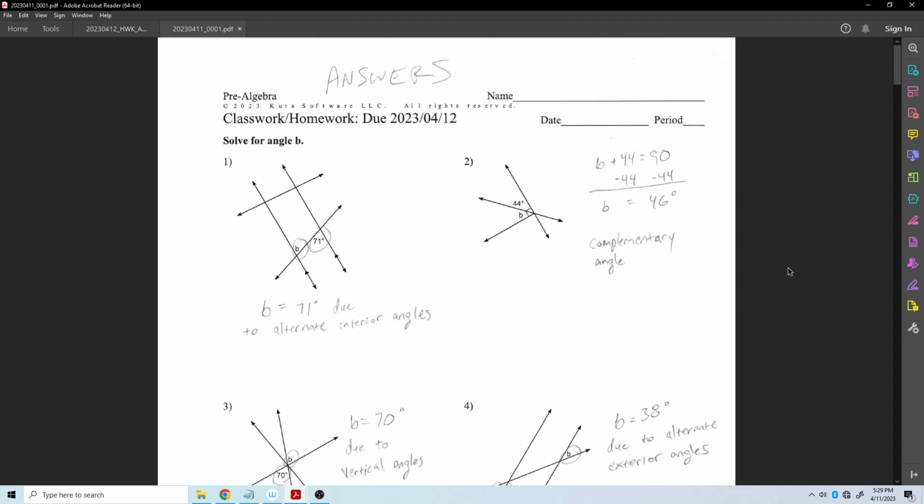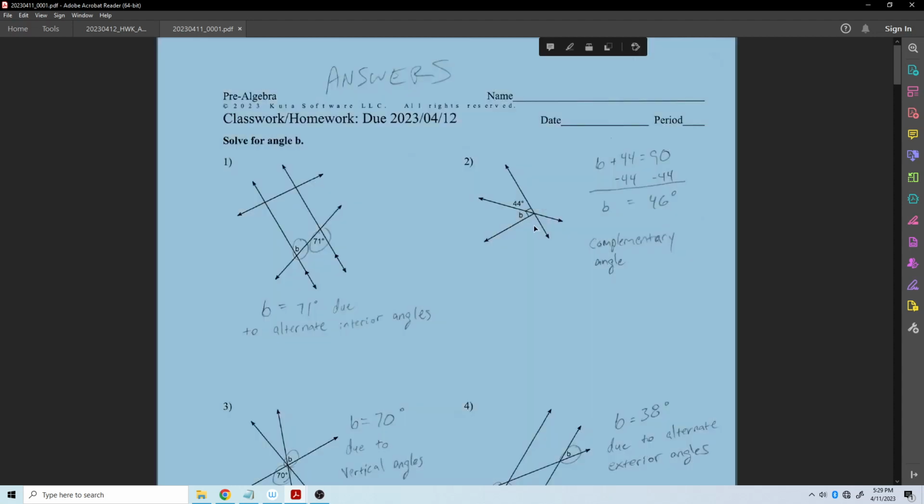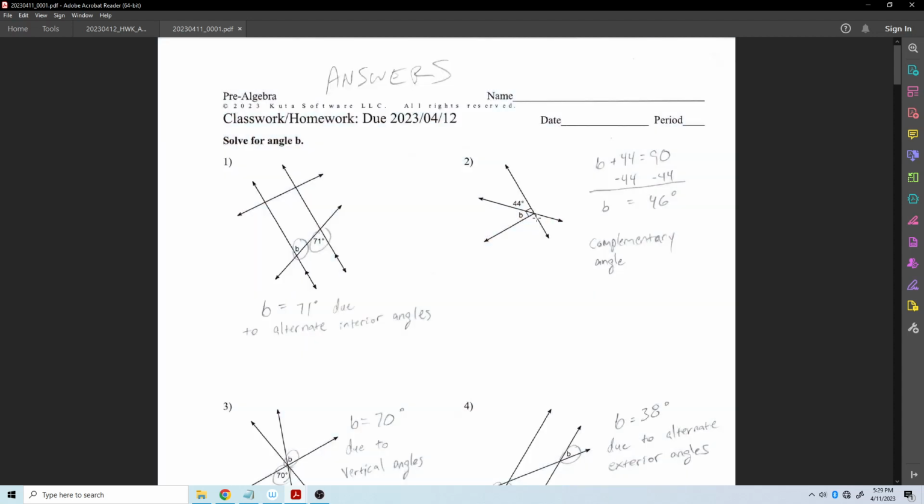Number two, recognize right away that this is a complementary angle, right? We have the little box shape at the corner, at the vertex there. That whole thing is the angle, and you see this other line separates that angle into two angles whose sum is 90 degrees.